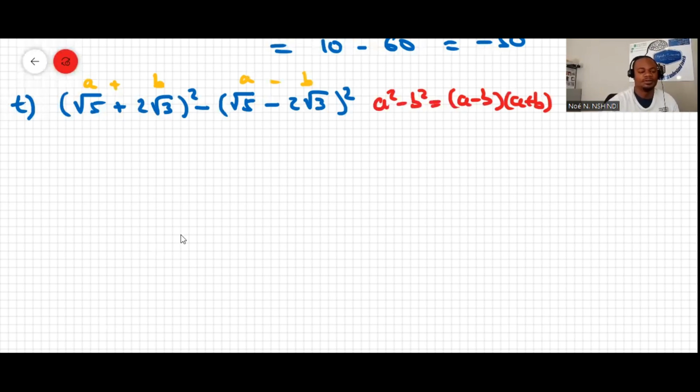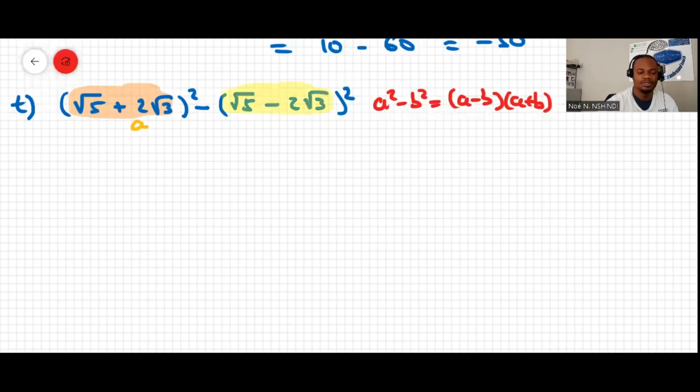Excuse me, it's not really what I wrote here on top, but rather all this, the one I highlighted, is like A, let me write it underneath here, it's like A raised to the power of 2.